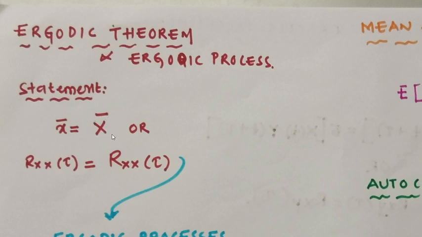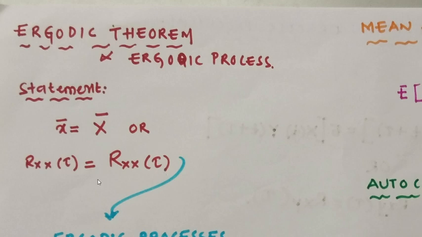Capital X is the random process, and small x is the sample function. So the averages of sample functions must be equal to the corresponding statistical averages of the random process. This is about the mean of the sample function, and this is the mean of the random process.